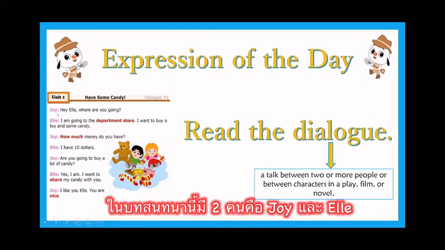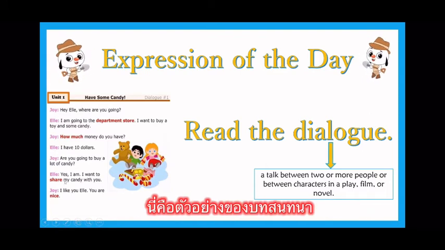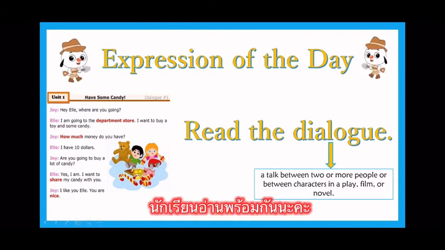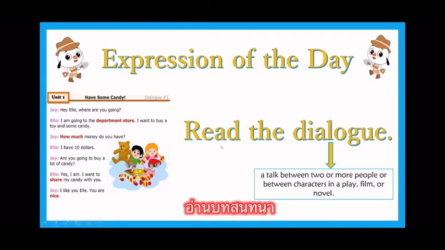We have two people here, Joy and Ellie. This is an example of a dialogue. A dialogue is a talk between two or more people in a play, film, or a novel. So everybody, read the dialogue.